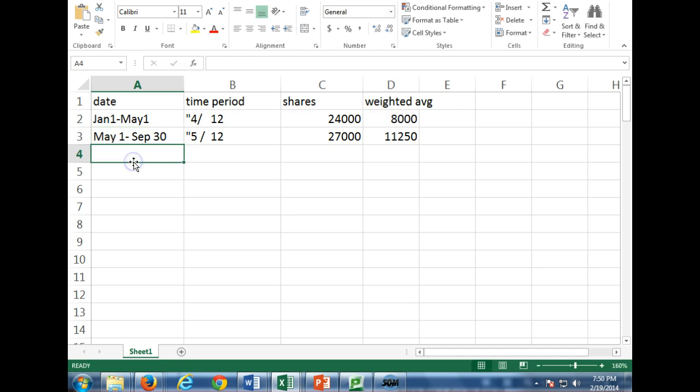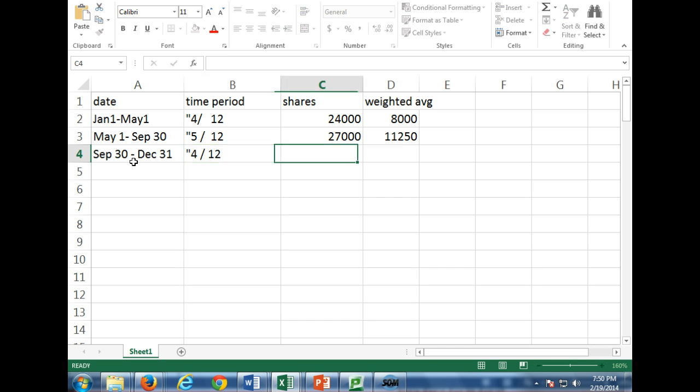Okay, now, what happened from September 30th to December 31st? 2,000 more shares, and that's 3 more months, right? October, November, December.